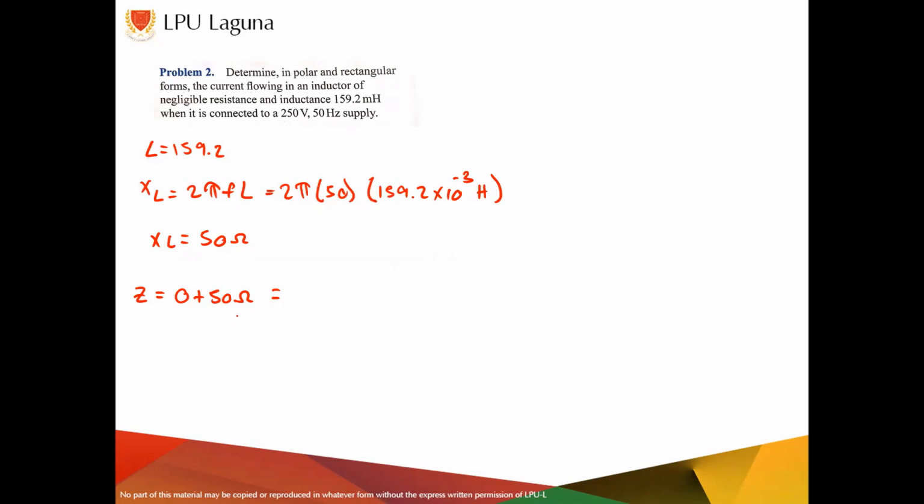Pag ipo-polar form natin siya, 50 bar angle 90 degrees. Kasi nga, negligible ang ating resistance.